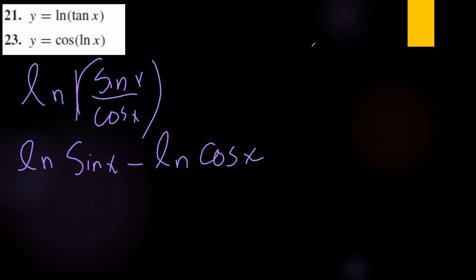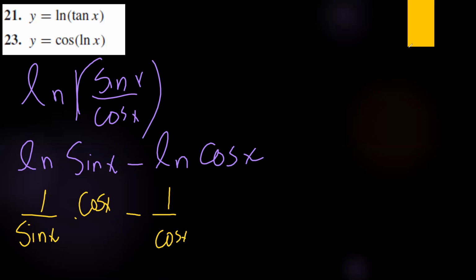Then ln sine. What do you have to do? It is 1 over u, 1 over sine, times the derivative of sine. What is the derivative of sine? Cosine. Minus 1 over cosine times the derivative of cosine, which is negative sine.